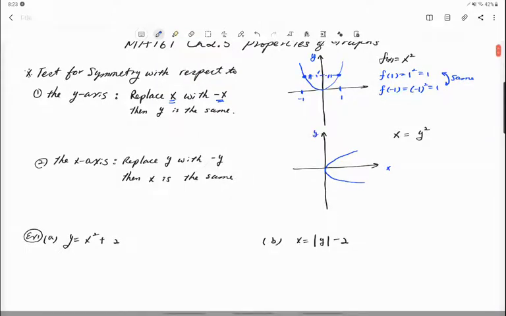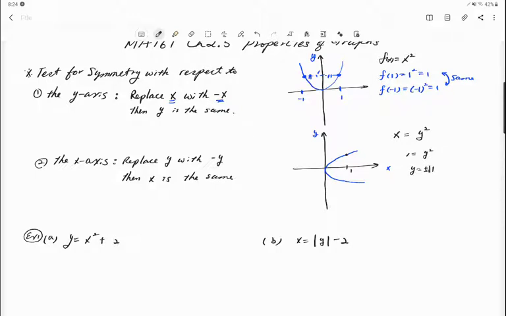Then this graph is symmetric with respect to the x-axis, because look at this. If x equals 1, then what's the y value? x equals 1, then y squared is 1, so y equals plus or minus the square root of 1, which is plus or minus 1.